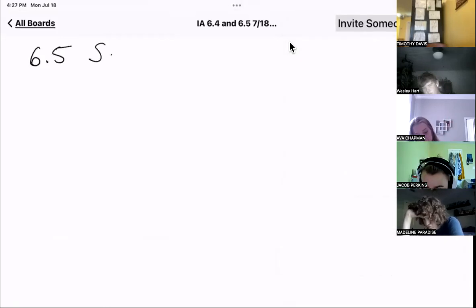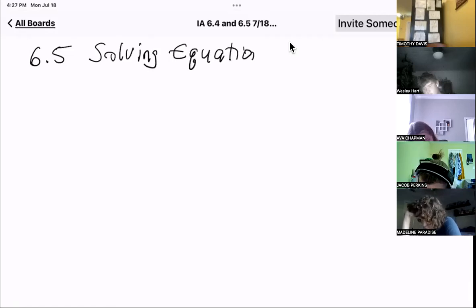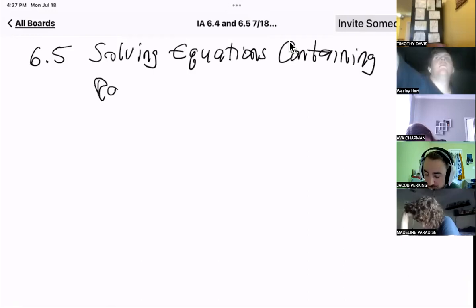6.5. Solving equations containing rational expressions.